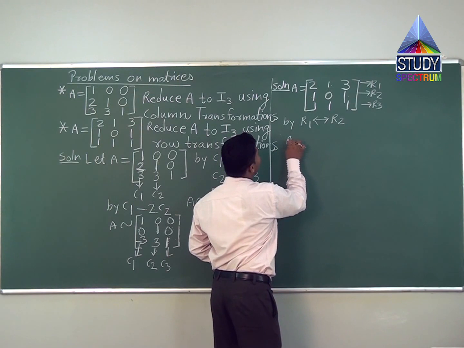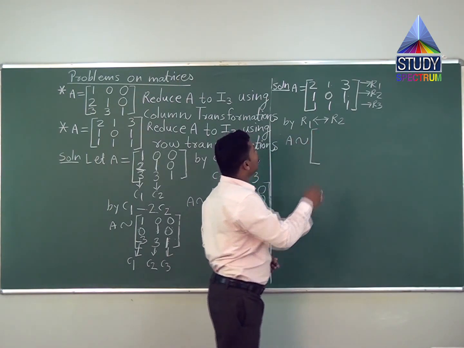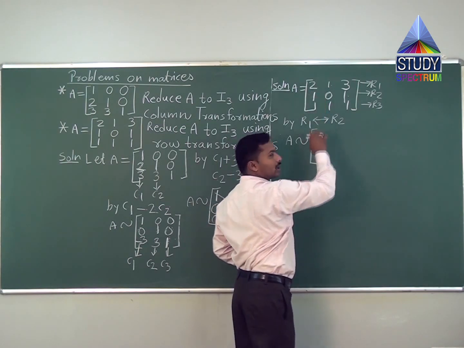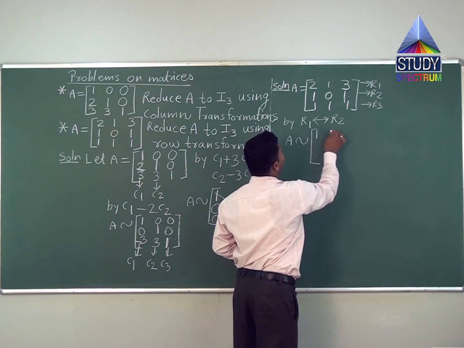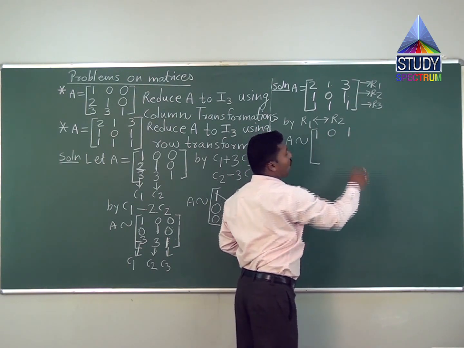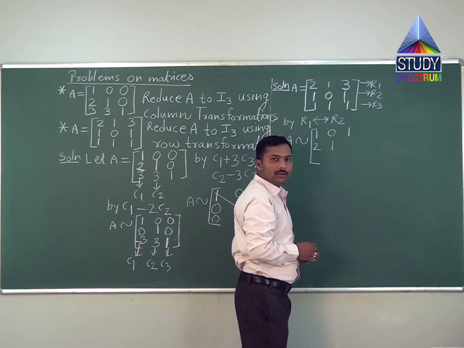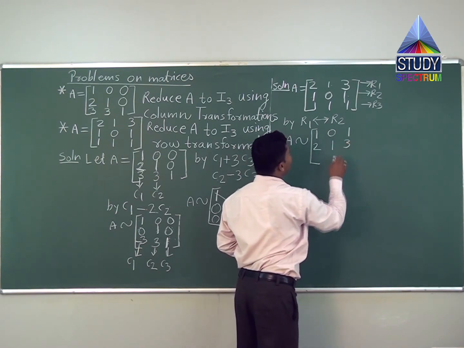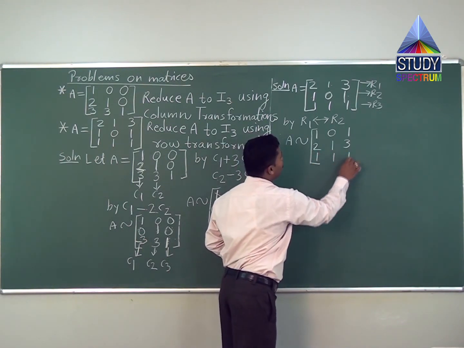Therefore A is equivalent to: your first row becomes the second row, and the second row becomes the first row. 1 0 1, 2 1 3, and the last row as it is, 1 1 1.